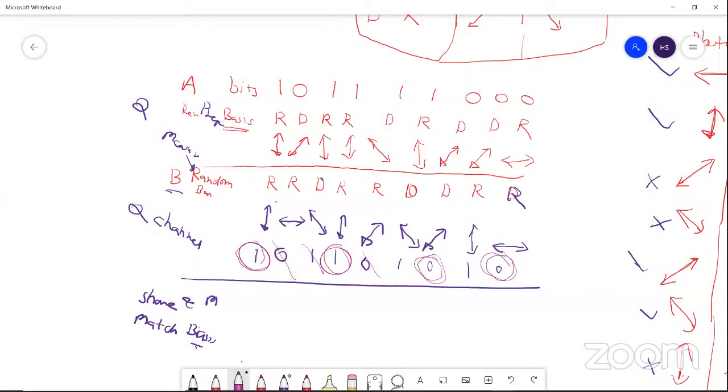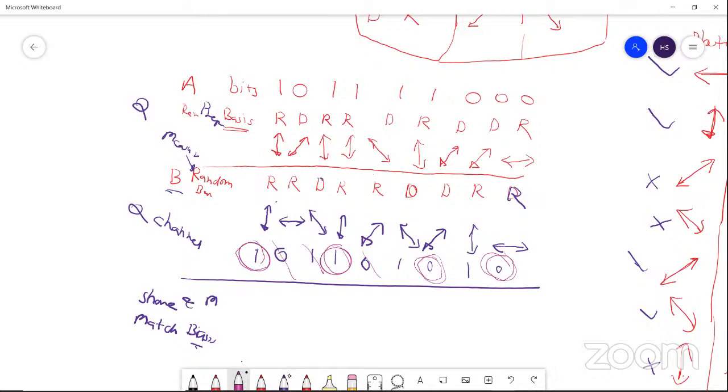Yes, sir. Since bases are not matching, whatever Bob intended, Alice will not receive that. So see the second case where Alice prepared bit 0 and Bob is also getting 0. But luckily, because their bases are not matching, if this R basis is there, then it can get this horizontal also, vertical also.